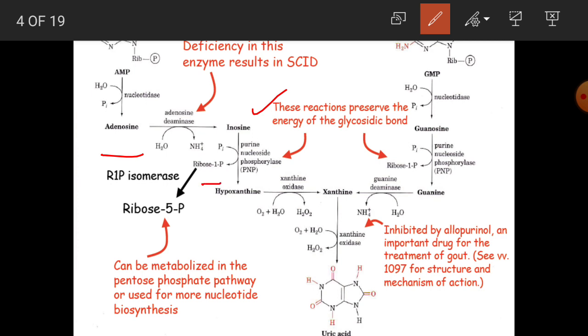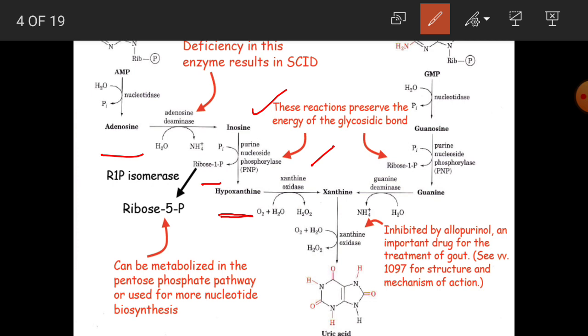Now where does that go? That will again be reutilized somewhere, or it will take another course of action, and what we get is hypoxanthine. Now xanthine oxidase acts upon this step and we get xanthine. This is the confluence molecule, a common molecule that is really working from both sides.